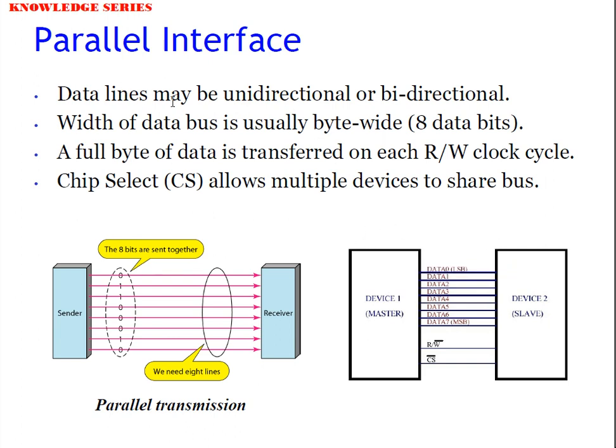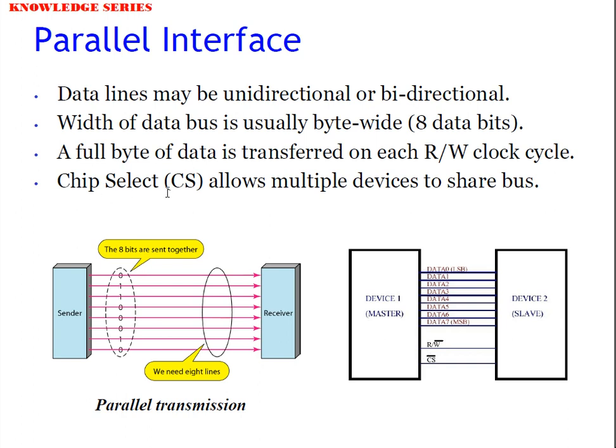So data lines may be unidirectional or bidirectional, and that is what we say in the parallel. The width of the data bus is usually 8-bit, as per the figure. The full byte of data is transferred on each read and write clock cycle. As per the clock, the read and write will be communicating.